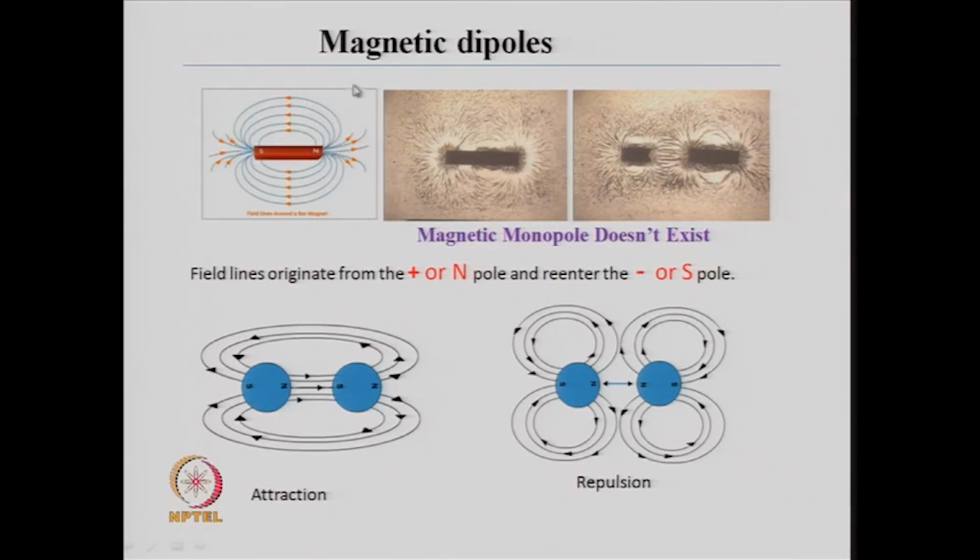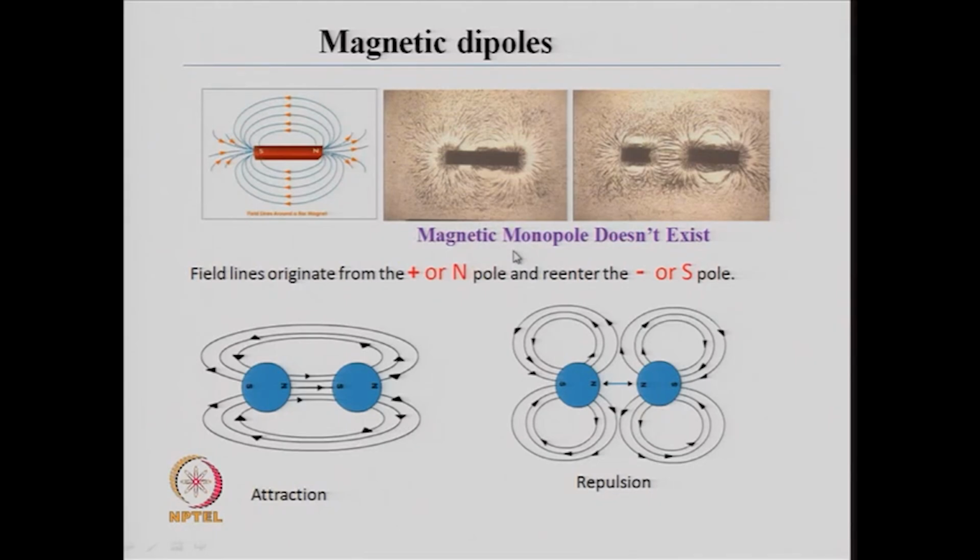So, something which is a magnetic dipole can be represented as a bar magnet, where the lines of force move from the north pole to the south pole, and in magnetism there is no magnetic monopole.